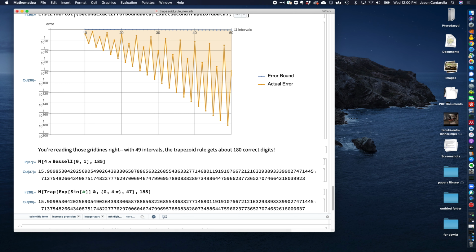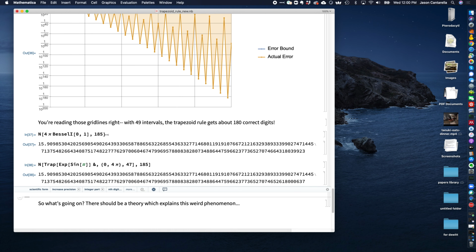So just to look at it with you, here are the first 185 digits of the exact answer, 4 pi times the Bessel function evaluated at a certain place. And here are the first 185 digits of the trapezoid rule for this function, evaluated with 47 intervals. And you can see that it matches perfectly right up to the 746 here.